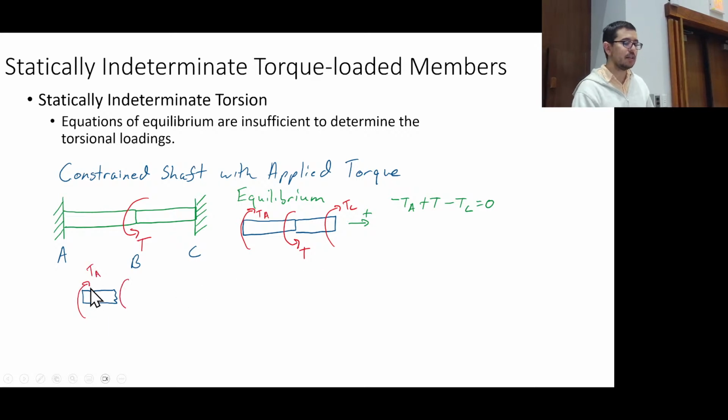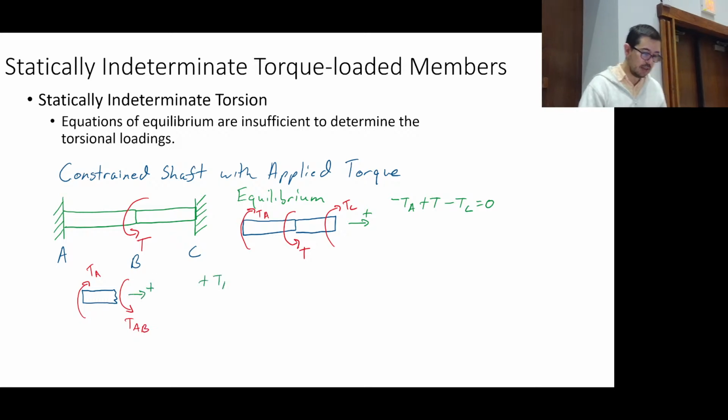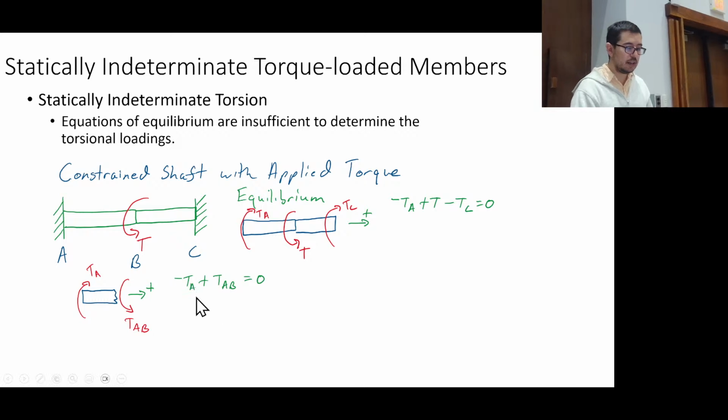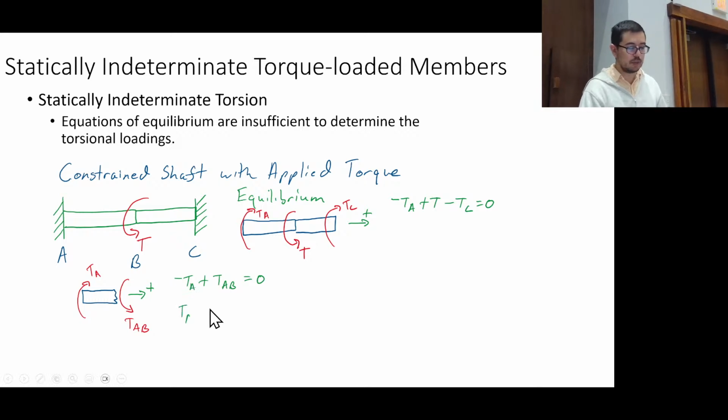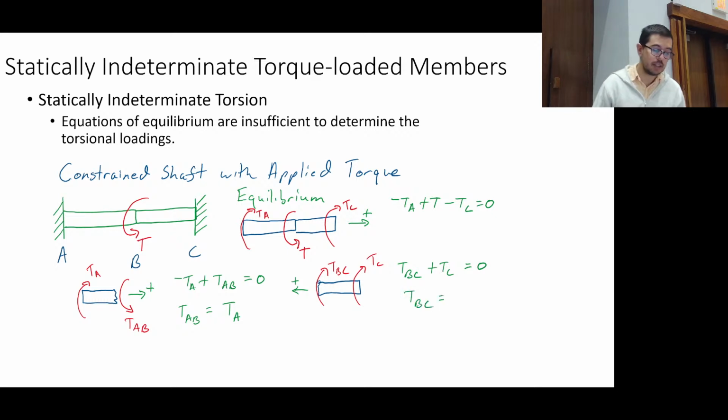So this is where we get TA equal to TAB, like this. We can say that these relationships are true and that we have TAB equal to TA. And on the other side, we have a TBC, which is going to be equal to TC, or negative of it, okay?